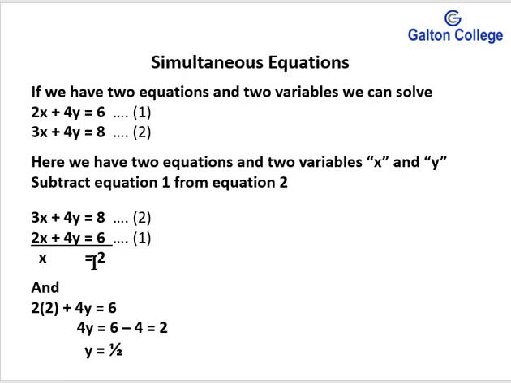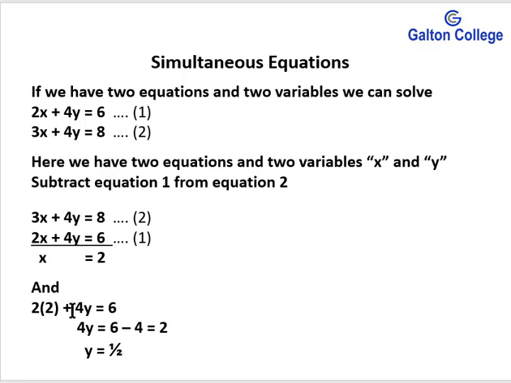Now if I know x equals 2, I can substitute that into one of the equations. So I can take equation 1 here. Now I know x is equal to 2, so 2 times 2 is 4, and I've got 4 plus 4y equals 6.